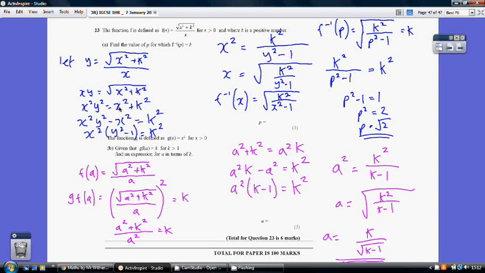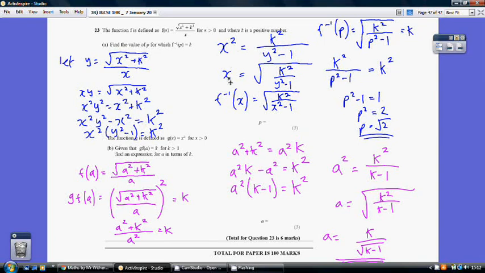Now we want all our terms with x on the one side, all our terms without the x on the other, so we're going to choose to take away x squared from both sides. I can then fully factorize taking out my x squared, so x squared times y squared minus 1 equals k squared. Then dividing through by the y squared minus 1, I get x squared equaling k squared over y squared minus 1.